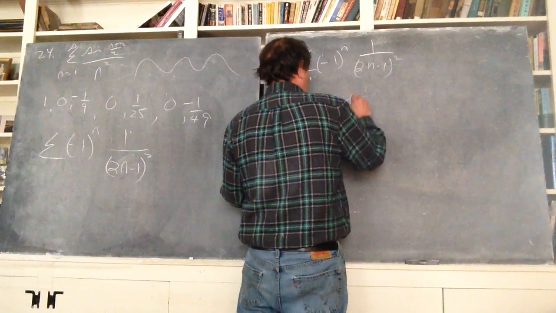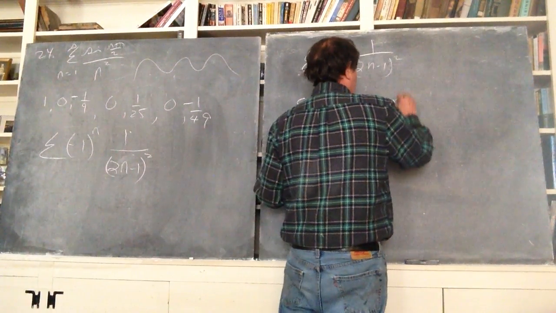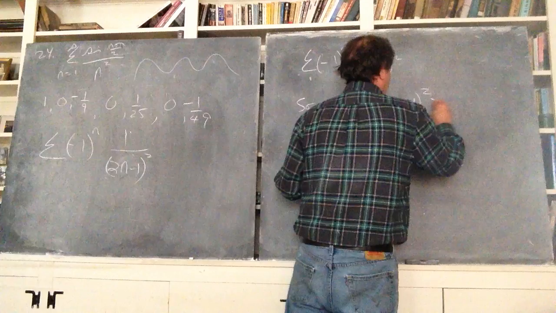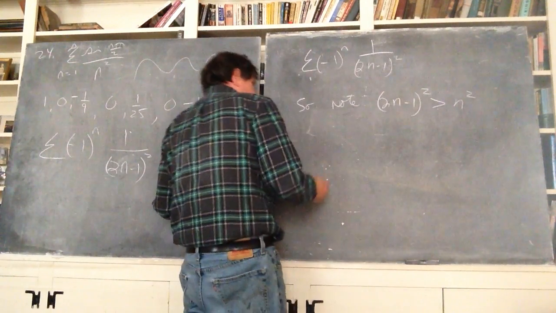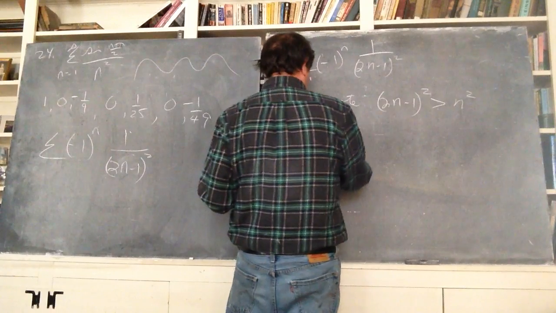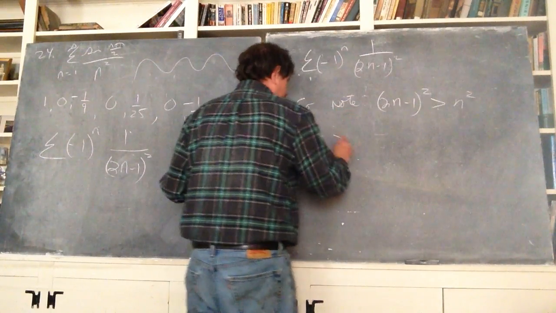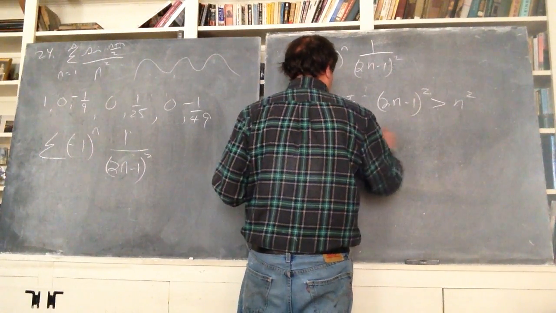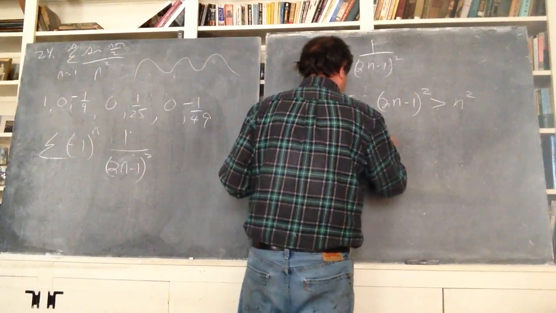Note, 2n minus 1 is greater than n. So therefore, 1 over n squared is greater than 1 over 2n minus 1 squared.